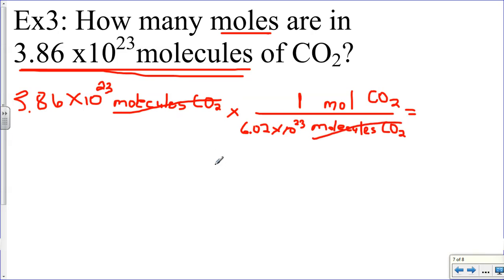Now, whenever you're putting this into your calculator, you can simply type in 3.86 times 10 to the 23rd times 1. You don't really have to put that in there. But when you go to divide, you're going to need to hit the division sign and put a parenthesis, then type 6.02 times 10 to the 23rd, and parenthesis, then hit the equal sign.